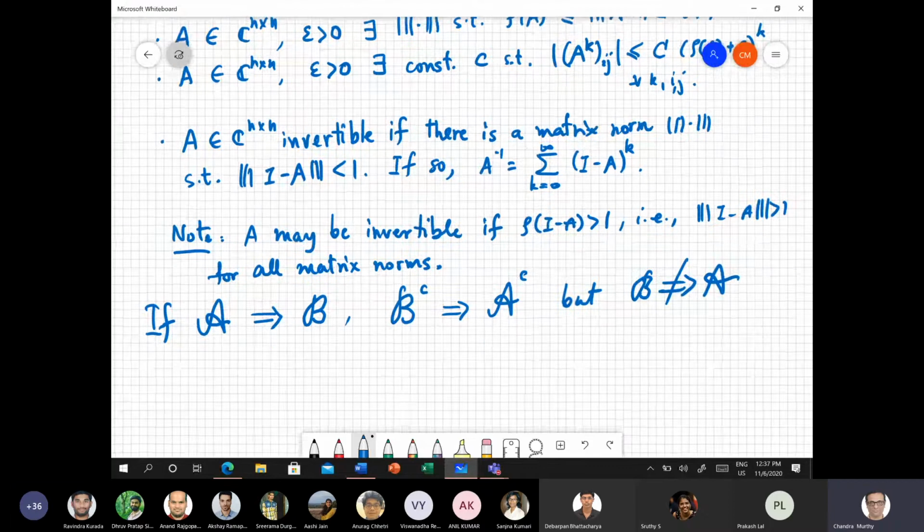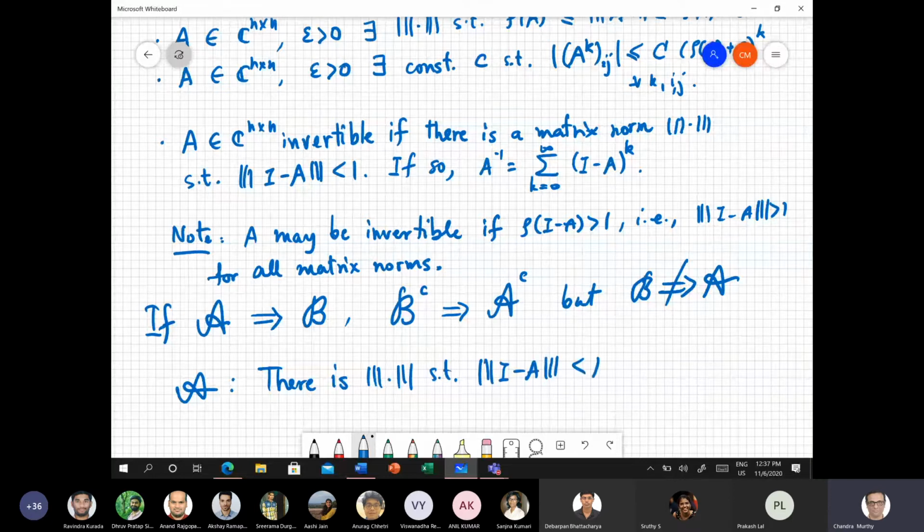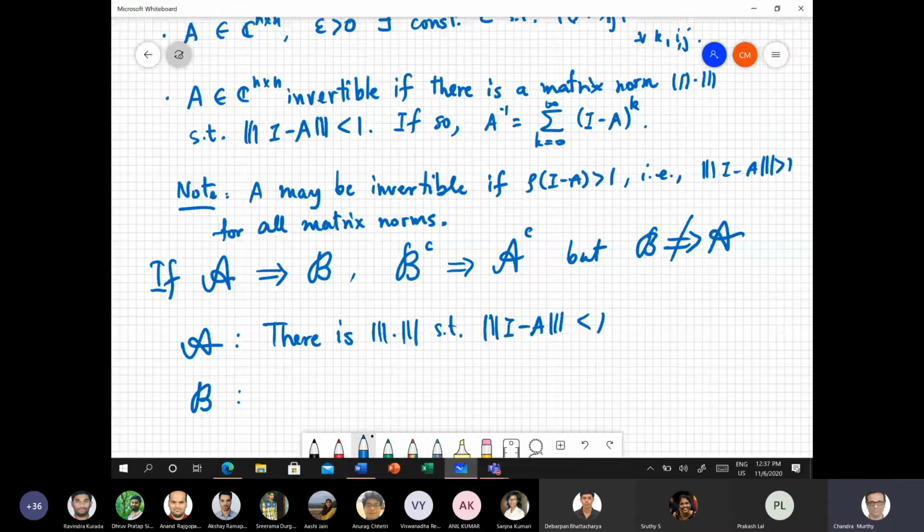Now, in this case, what is A? A is the statement that there is a norm such that norm of I minus A is less than 1. The statement B is that A is invertible.